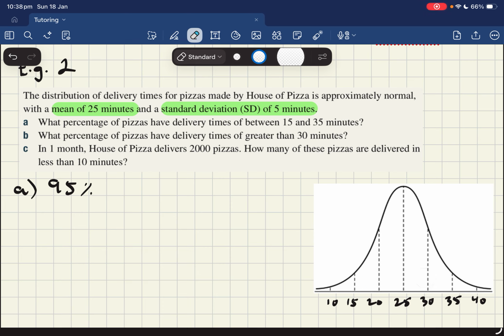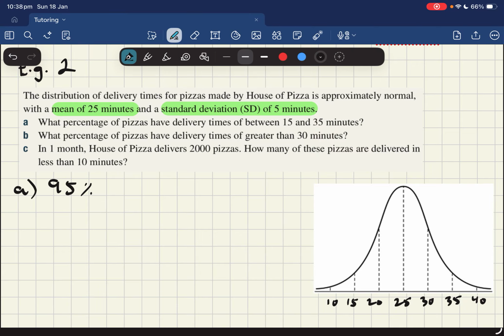Okay, next one. It's saying what percentage of pizzas have delivery times of greater than 30 minutes? So the part we're looking for in our normal distribution, greater than 30 minutes. That's this part here. So once again, this part, under 25 is 50%. And then plus the extra 16%.